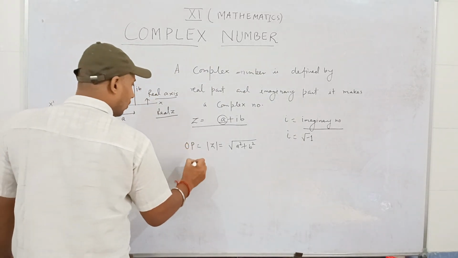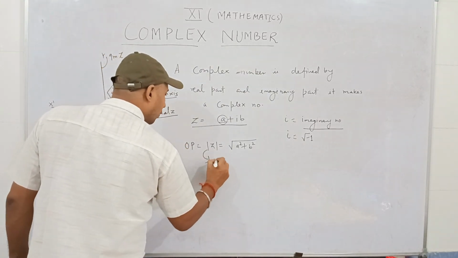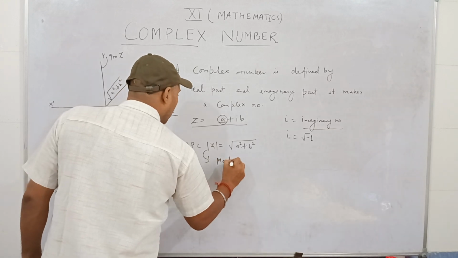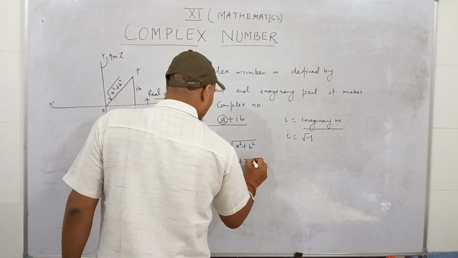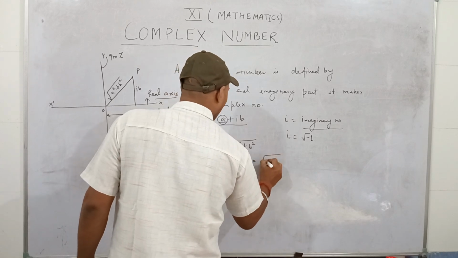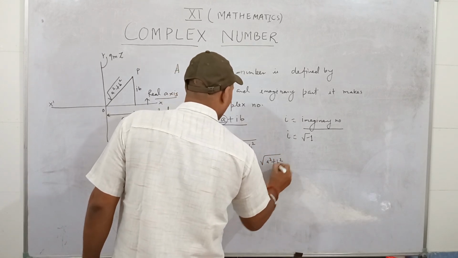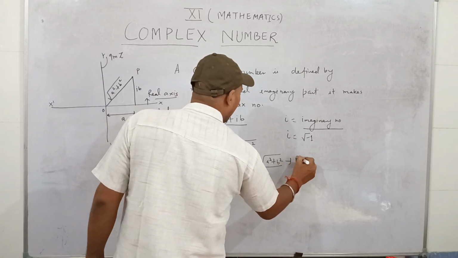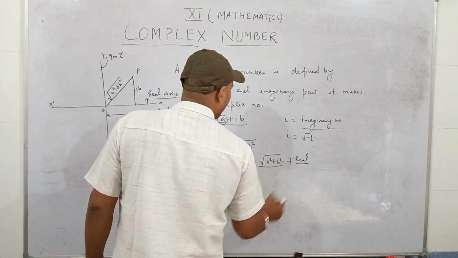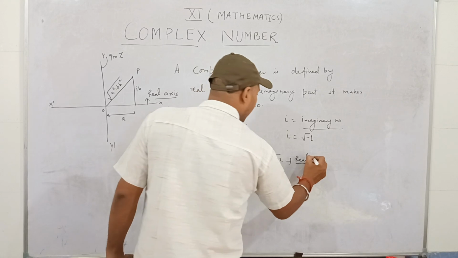This is called modulus z. Modulus z is under root a square plus b square, where a is the real part.